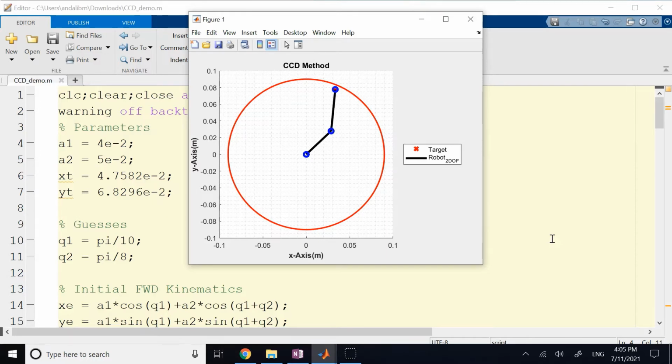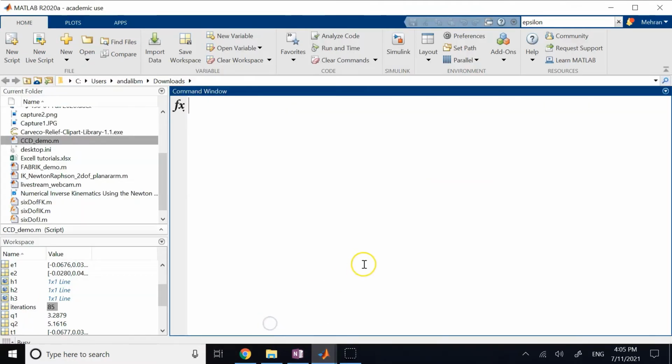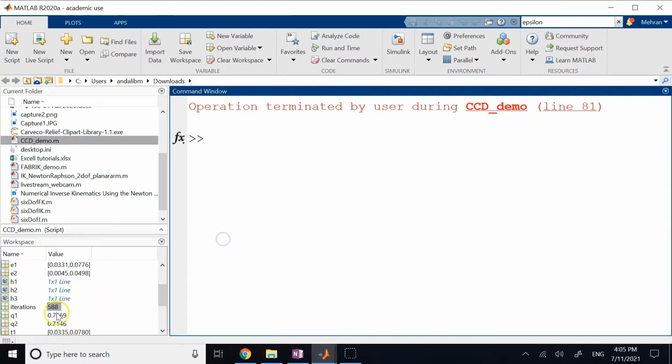You see here, still trying its best to converge. So make sure with this method, if you go with a very tight tolerance, you might not converge to the goal. It is still trying, and if I stop it right now, I have 588 iterations.